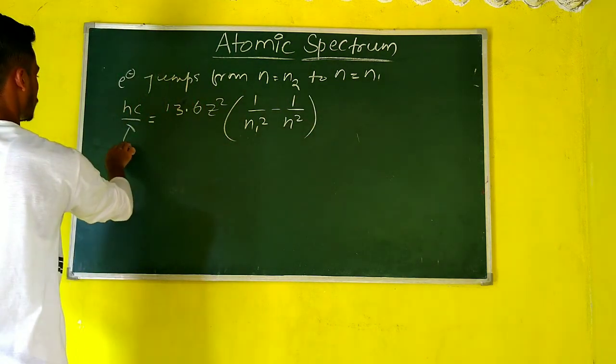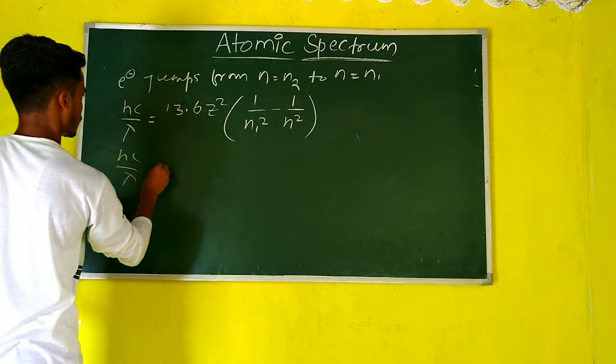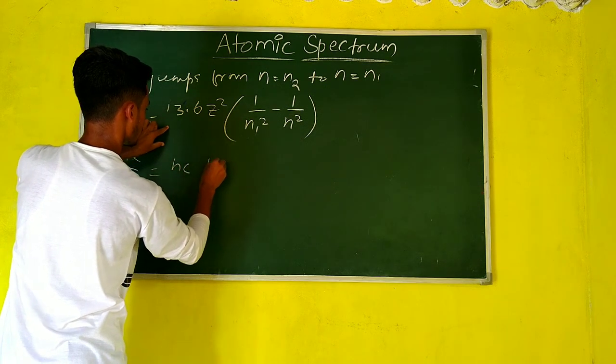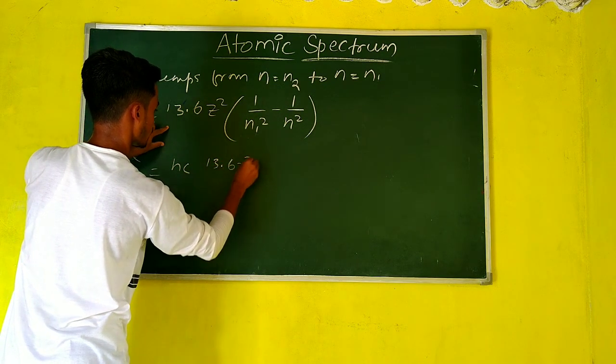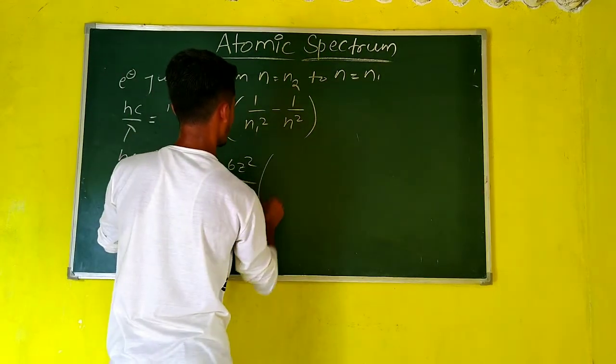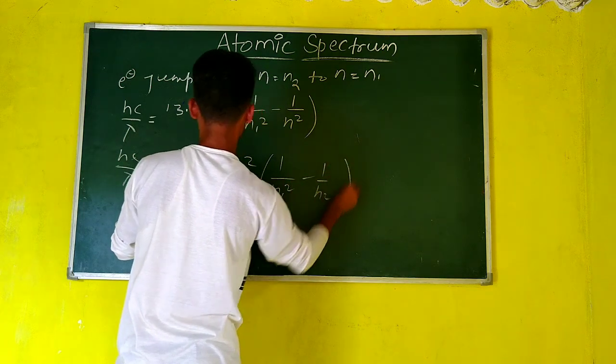Then students, according to our equation, hc by lambda equal to, in this we multiply hc and divide hc. For our answer, 1 by n1 square minus 1 by n2 square.